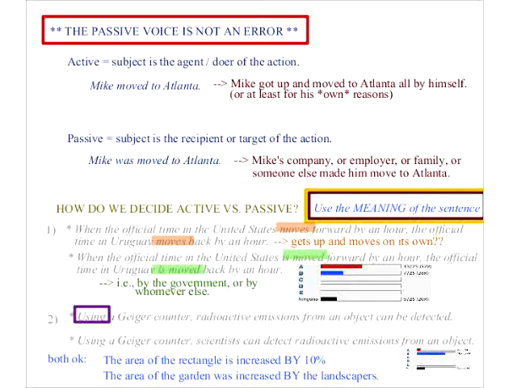This kind of modifier needs a subject following it, and you don't have one. So this implies that radioactive emissions are using a Geiger counter, which would be interesting to watch, but that can't happen. Emissions can't use machines.